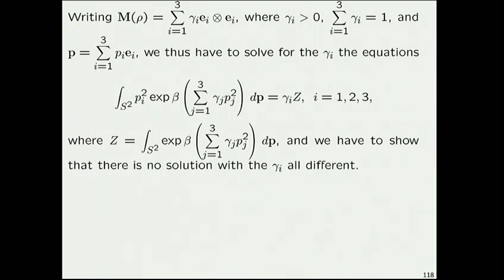All right, so here we are. We've got three equations. They're sort of explicit equations, but of course they involve these integrals. And you have to show that there's no solution with the gamma_i's different. So the idea of this proof is not to do it the way the other proofs did it, which is to use spherical polar coordinates.